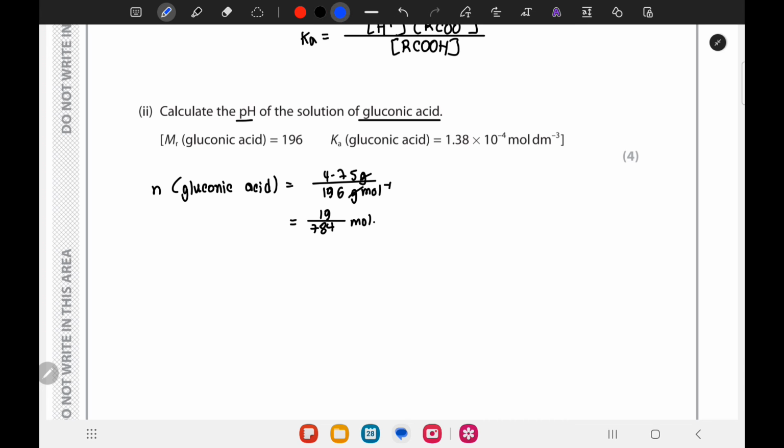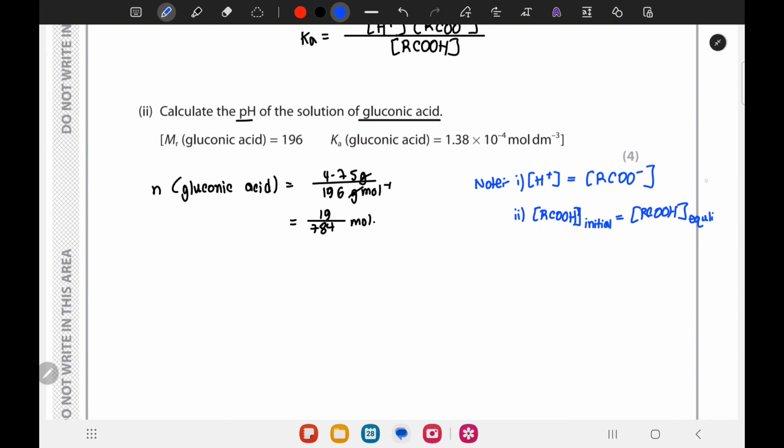Since gluconic acid is a weak acid, we can make two assumptions about it. One of them is that the concentration of H plus and the concentration of RCOO minus is the same. The other assumption is that the concentration of RCOOH initially and at equilibrium are almost the same since the dissociation is very low.